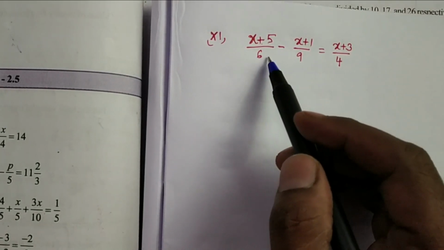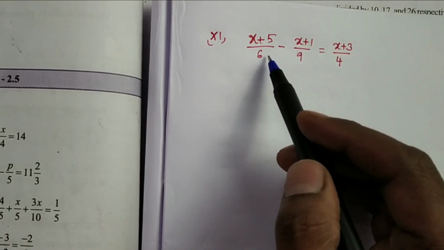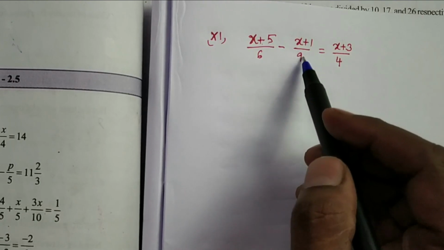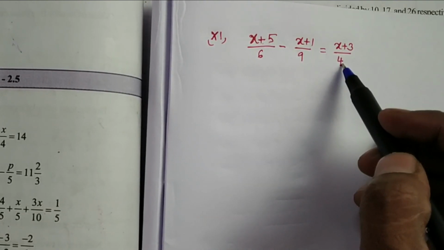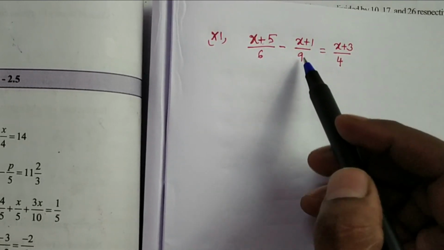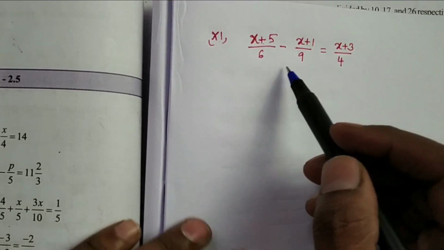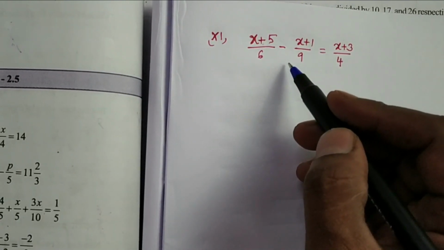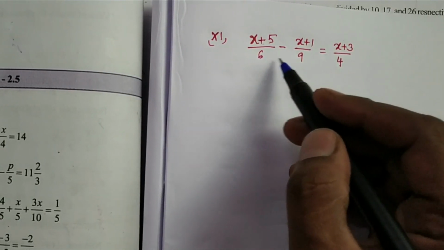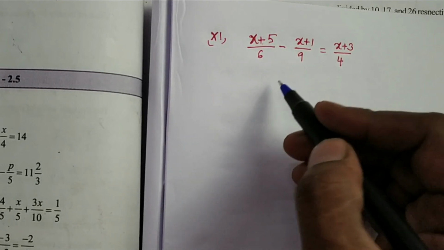The next one is (x plus 5) by 6 minus (x plus 1) by 9, that is equal to (x plus 3) by 4. What we have to do? First simplify the left hand side. So observe this 6 and 9. These are not co-primes and one is not a factor of the other one. Then what we have to do?